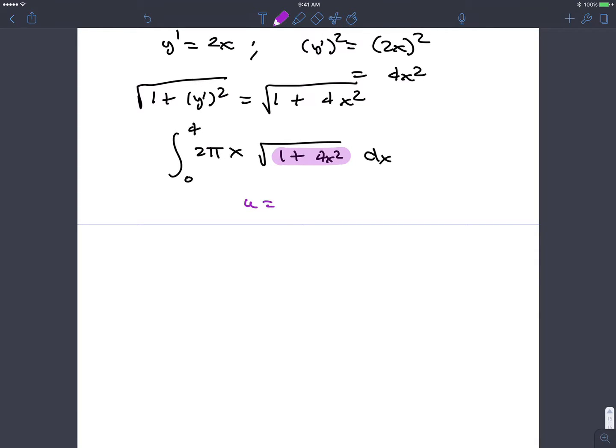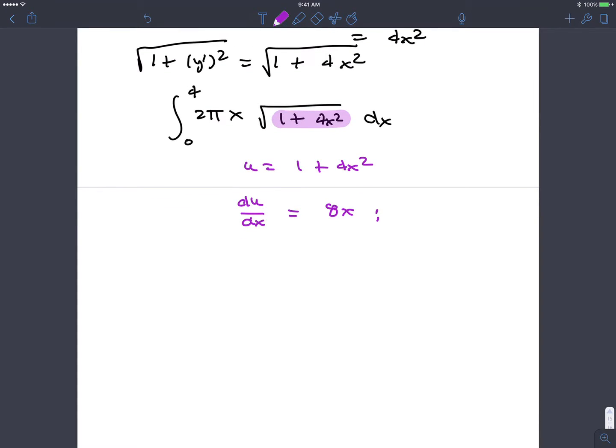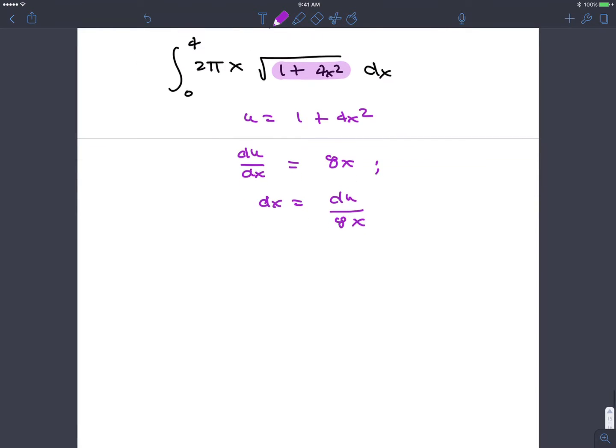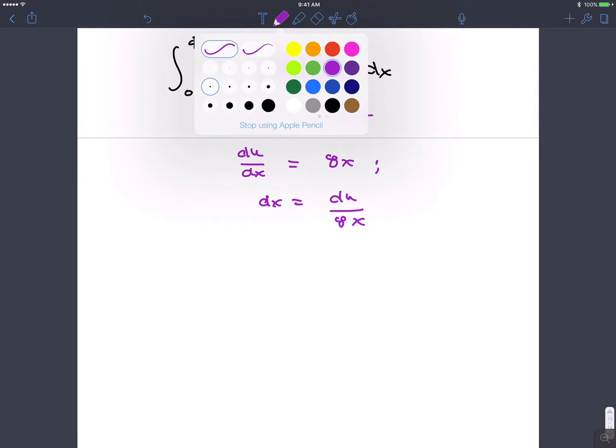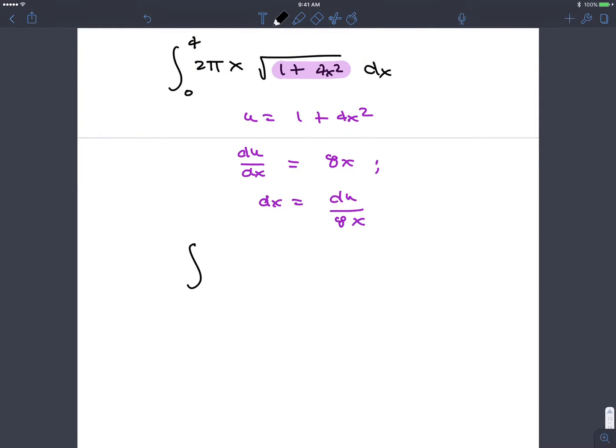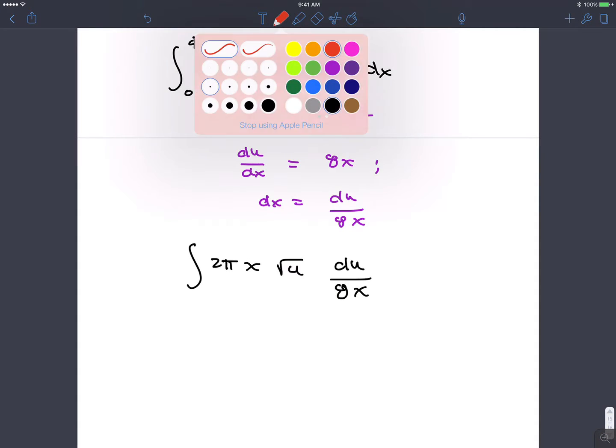You're going to say u is going to be 1 plus 4x squared, and du dx is 8x, so that my dx becomes du over 8x. So let's look at this integral: 2 pi x square root of u du over 8x.